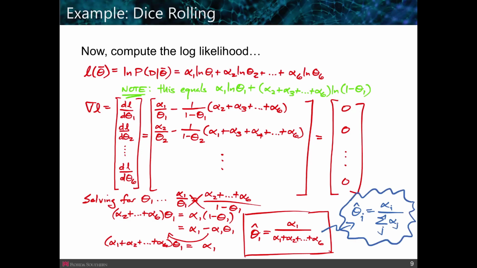For maximum likelihood estimation, the calculus that we just did demonstrates that one way to estimate a parameter in a Bayes classifier that involves probabilities is simply to count the number of times that we saw that sample or outcome in the data divided by all of the data instances.